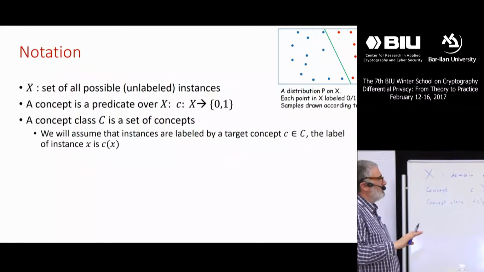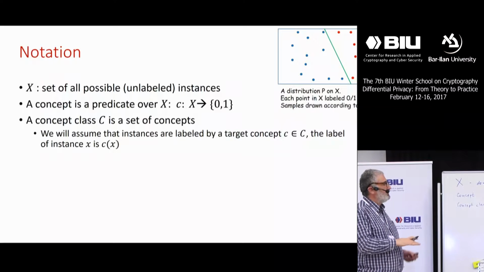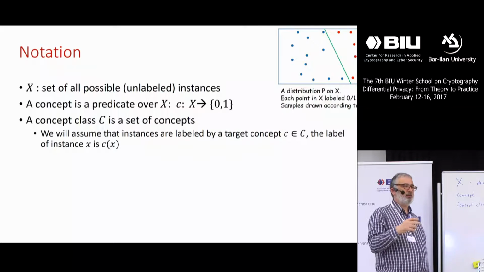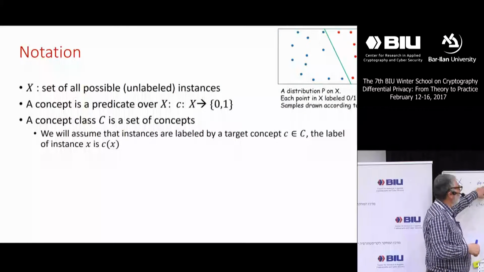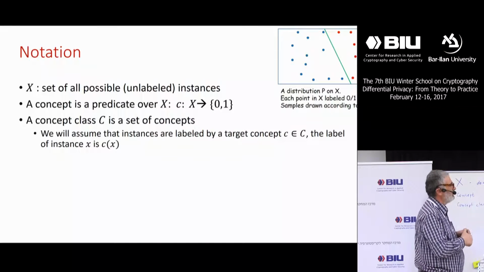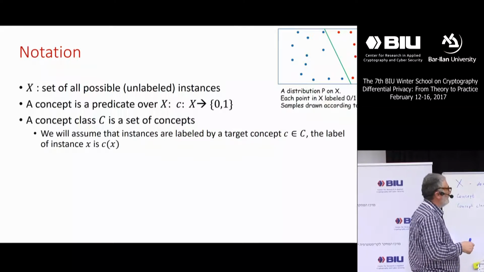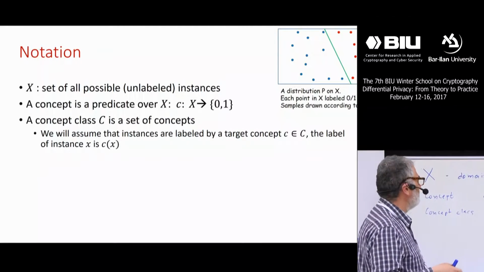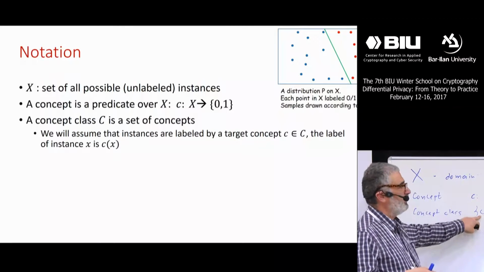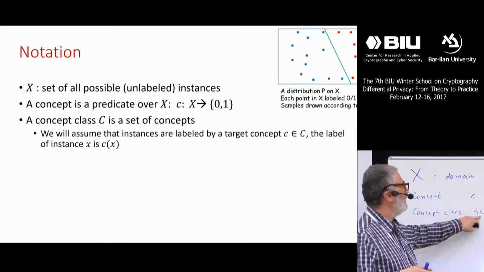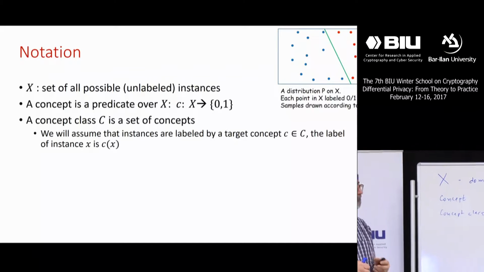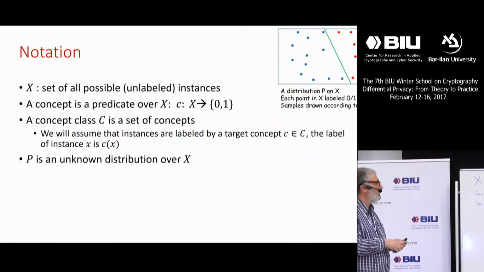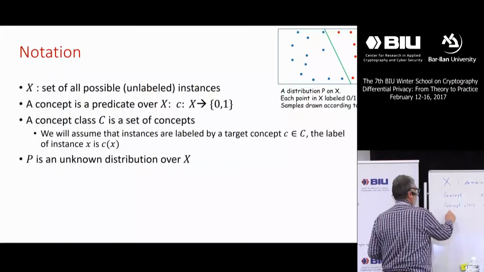But for this talk and the next talk, we'll assume that we're working in what is called the realizable setting, in which the correct labels for domain points are the result of applying some concept in the concept class, which we'll call the target concept, to the instances in the domain X. Okay? So there's going to be a distribution P.